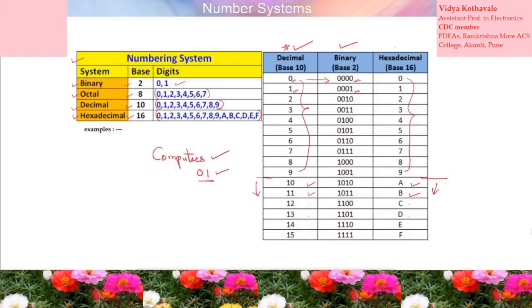Now let's try to find out the binary equivalent of the decimal numbers. Decimal number 0, its equivalent binary. Consider 8421.